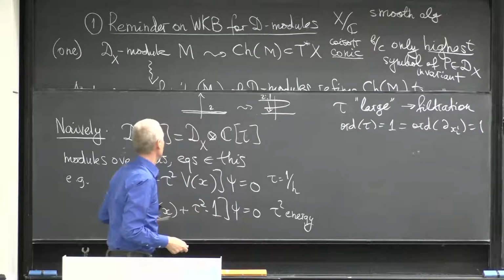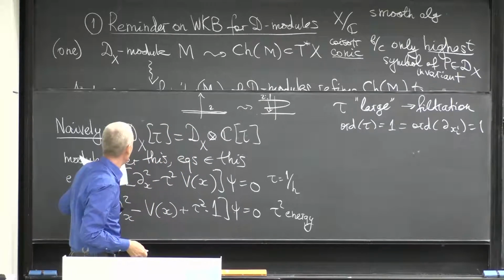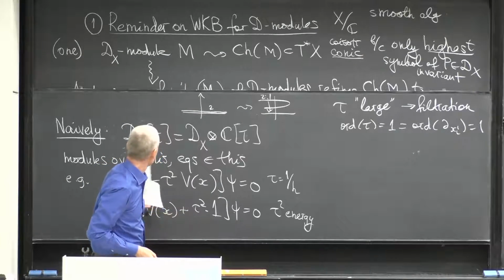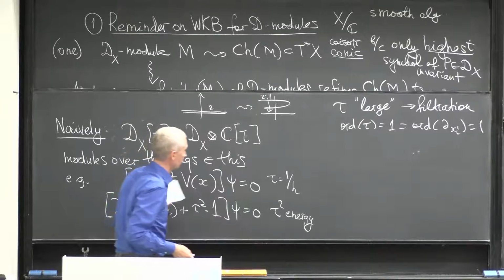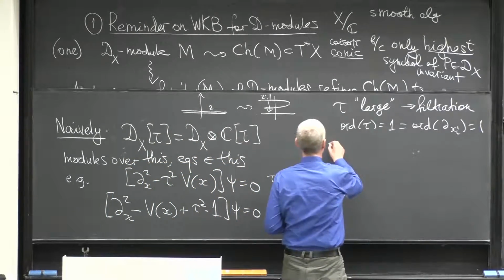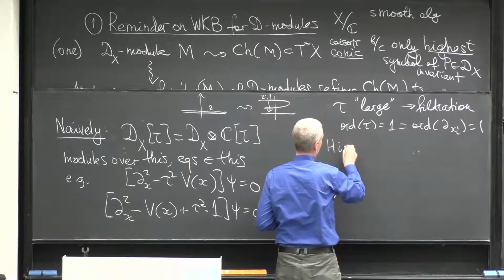So in this sense, we have a different concept of highest symbol. Like in this case, those two summands will be the highest, and in this case, those two summands will be the highest. But it will be invariant. So the highest symbol in this sense is still invariant.